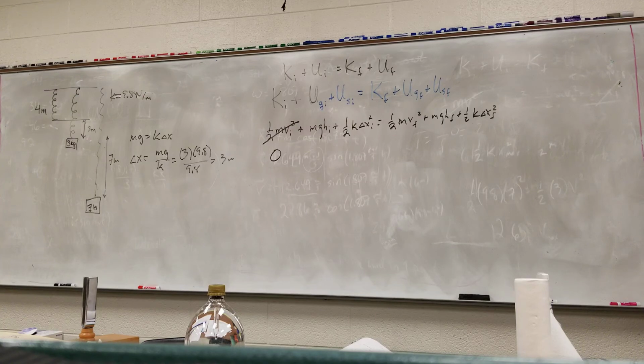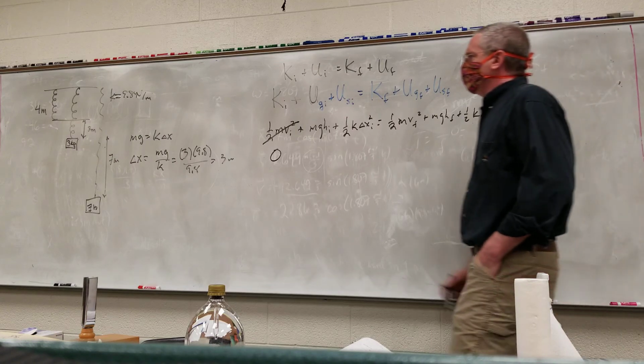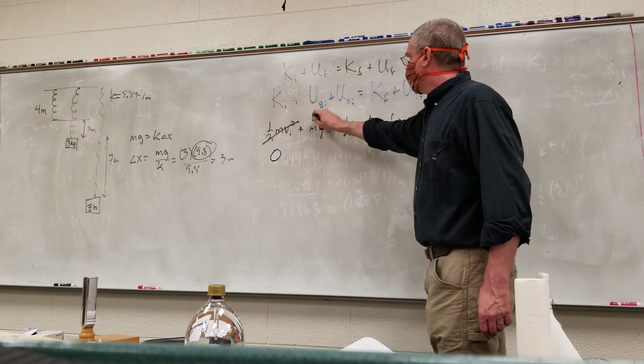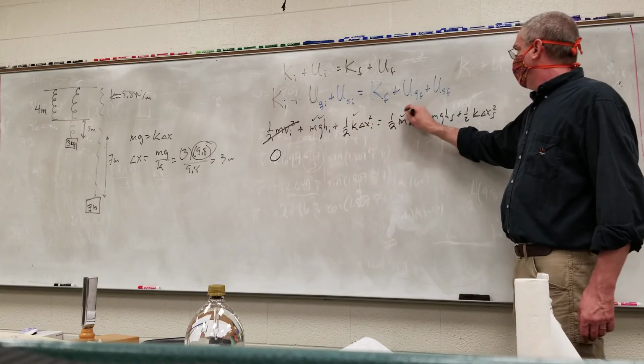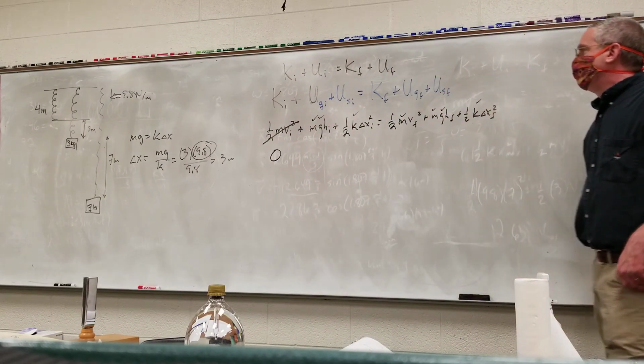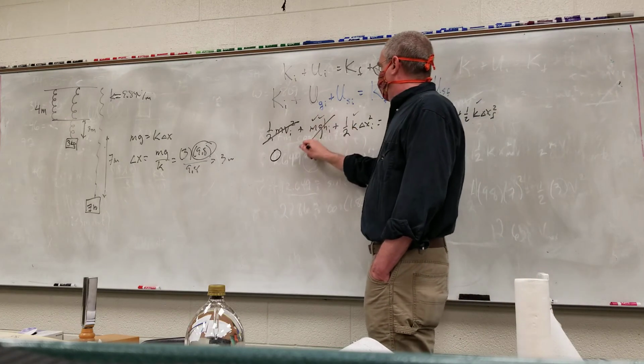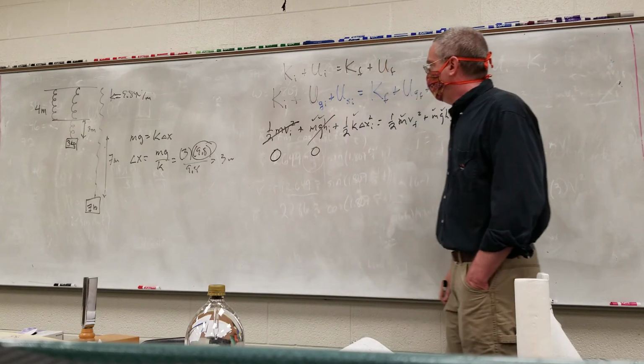All right, we know the mass, we know g. I used 9.8 before, so let's continue with g equal to 9.8. So I know mass, I know g, I know k. What's the initial height?